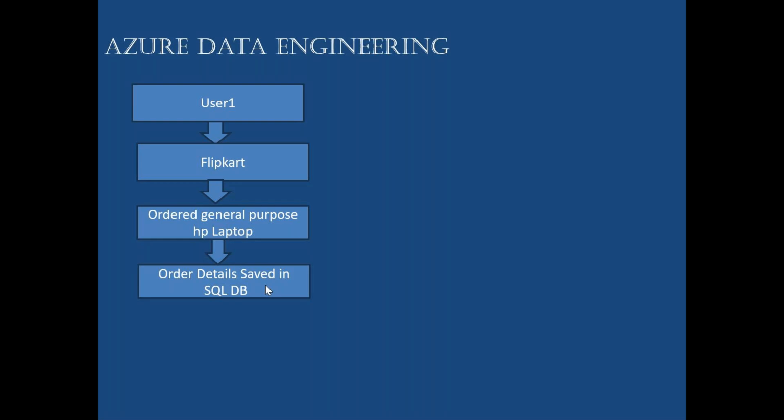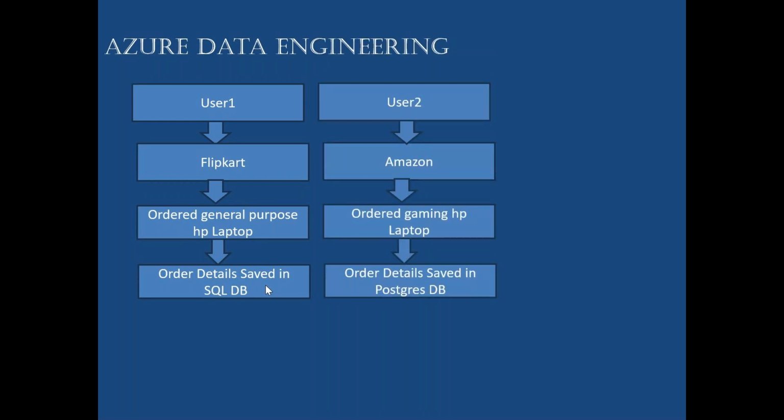Whatever order you have placed, the business can store those order details in whatever database. Let's imagine Flipkart is storing the order details in the SQL database. I have a user two who placed an HP laptop order on Amazon.